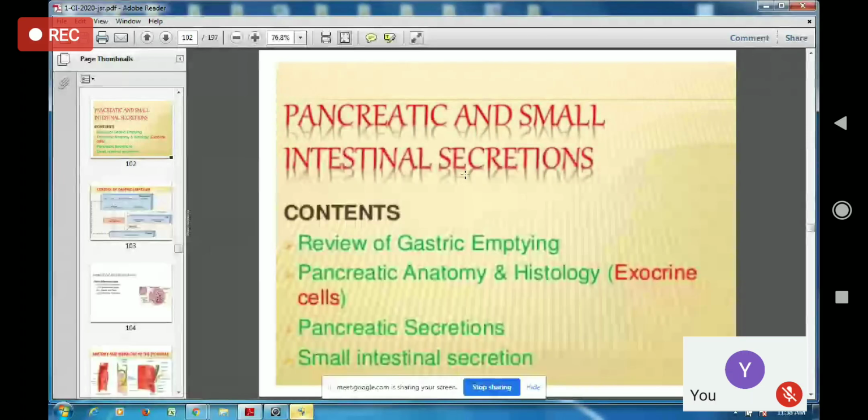When the food is present in the stomach, the motility of the stomach is such that both the sphincters are closed. The wave of movement occurs from the lower esophageal sphincter towards the pyloric sphincter, and then again it goes from the pyloric sphincter to the lower esophageal sphincter.